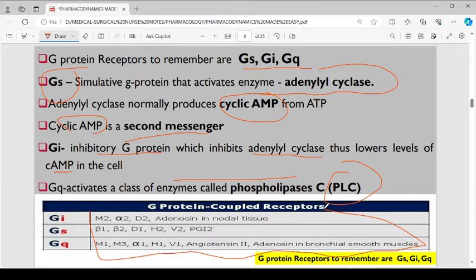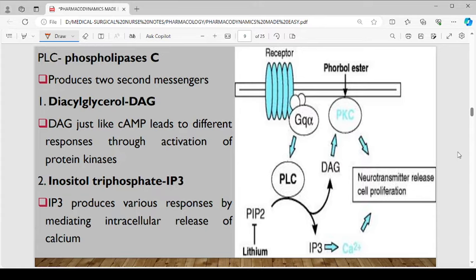All right, okay guys, we can look at the phospholipase C, or the PLC. These proteins normally produce 2 second messengers, one in the name of DAG and another one, IP3. So DAG is diacylglycerol. It behaves the same way as cyclic AMP, in that it leads to different responses through activation of protein kinases.